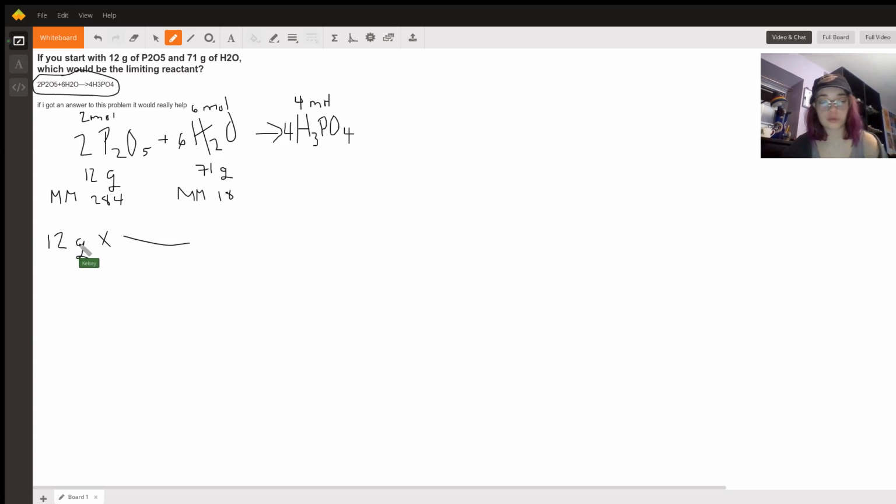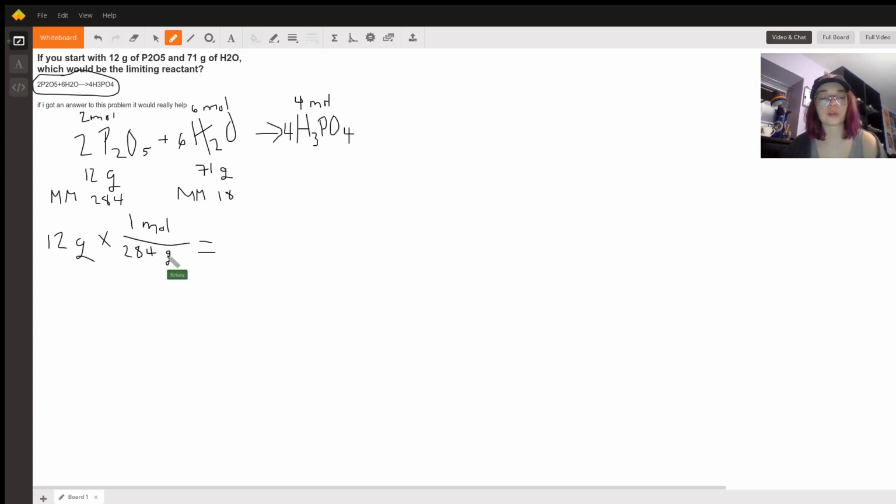So we know that we're starting with 12 grams, and our conversion factor is that there are 284 grams in every 1 mole. Our unit that we started with always goes in the bottom, and the unit that we're trying to convert into always goes in the top of the fraction.